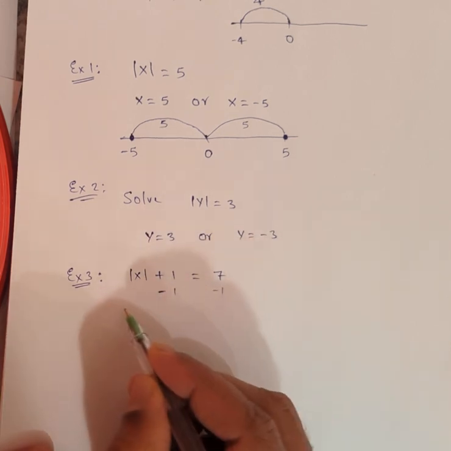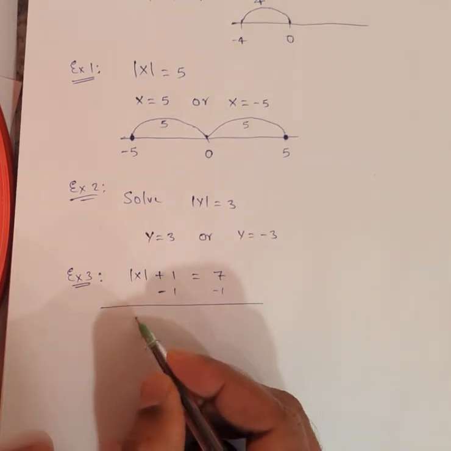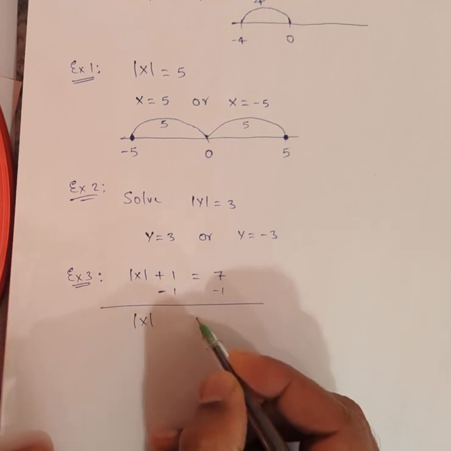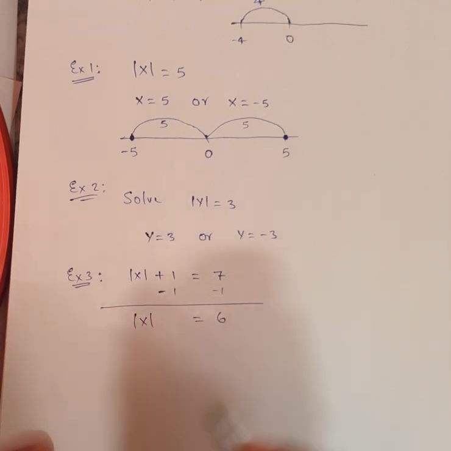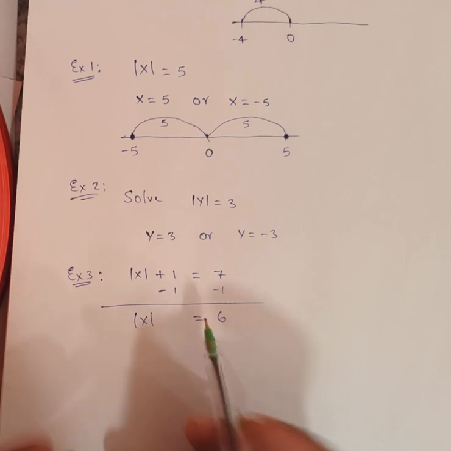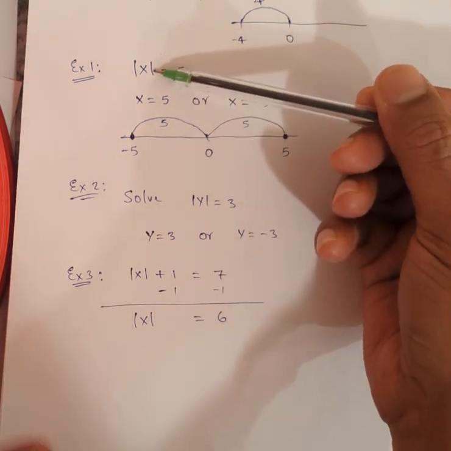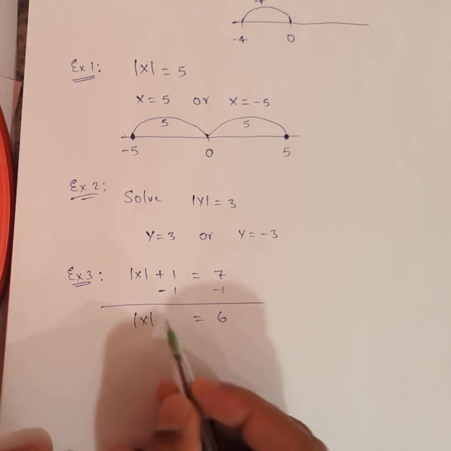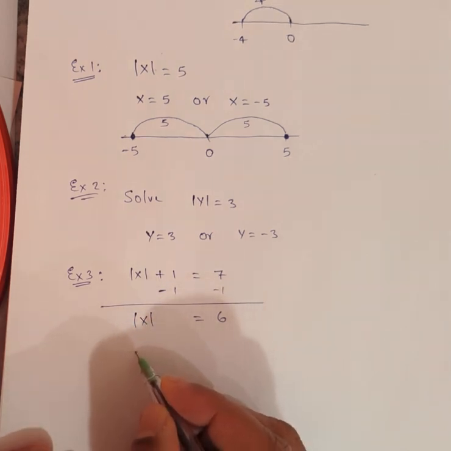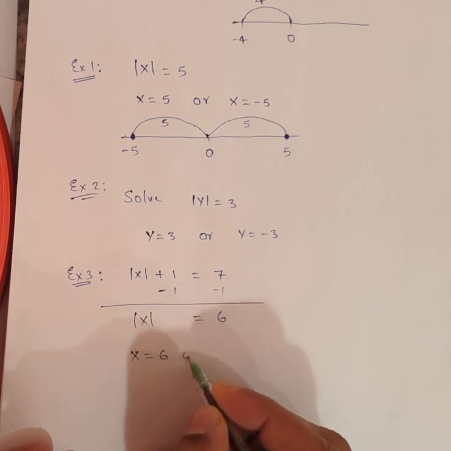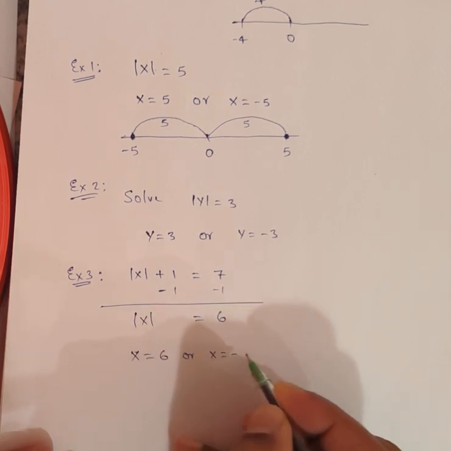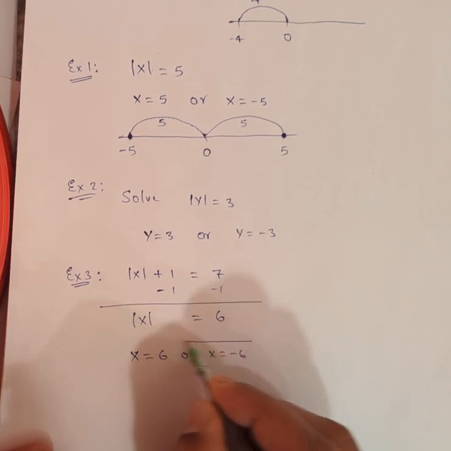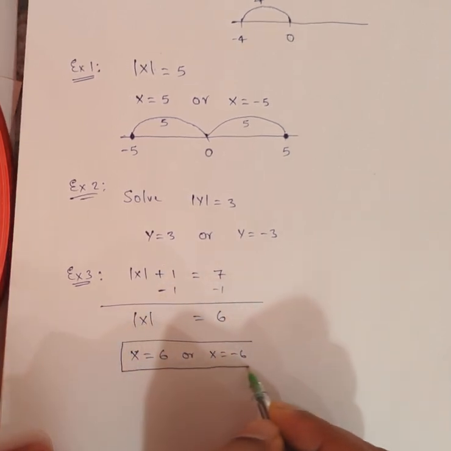So subtracting 1 from both sides, you see absolute value of x is equal to 6. And now this problem looks very much like example 1 or example 2. So at this point, since you just have the absolute value, you can write down your solutions: x equal to 6 or x equal to -6. And let's put our answers in a box.